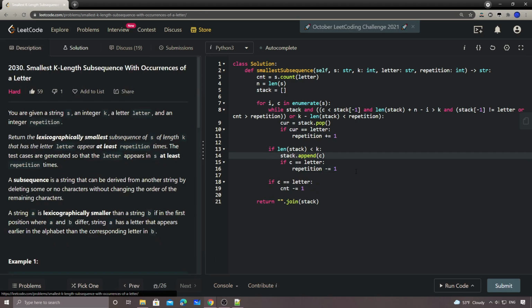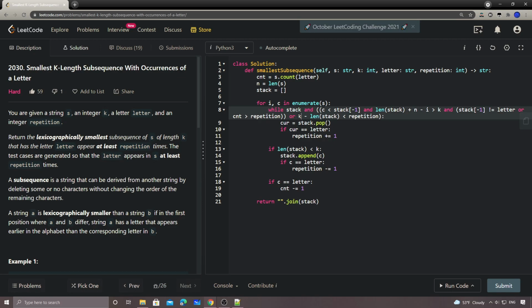Yeah, cool, so this one works. I think another way of doing this, if you don't want to mess with this condition, which is already complicated, is that you can move this something down here. Basically, we only add the letters when there's enough space to add.